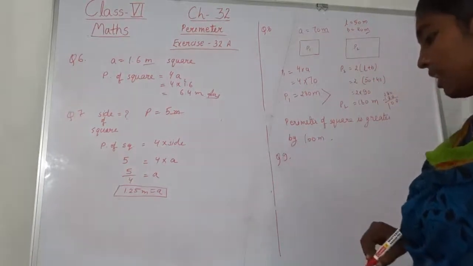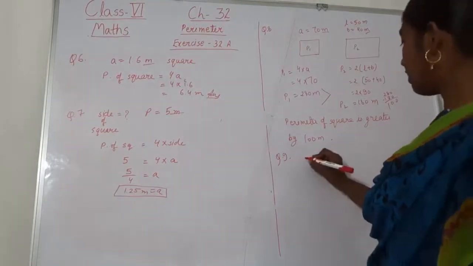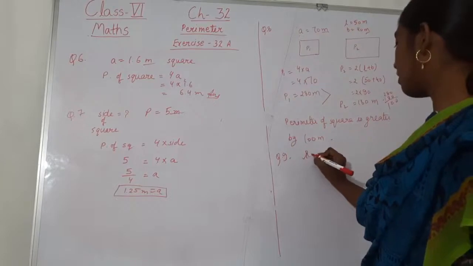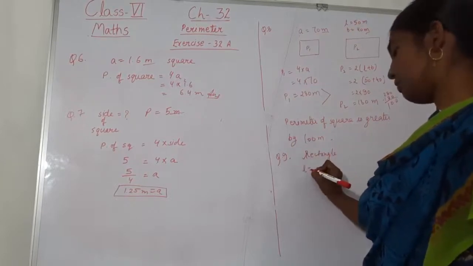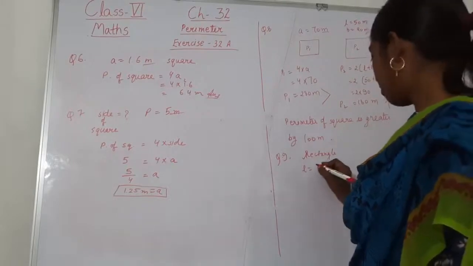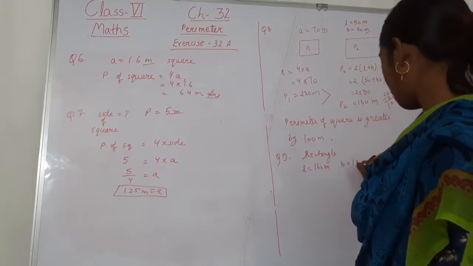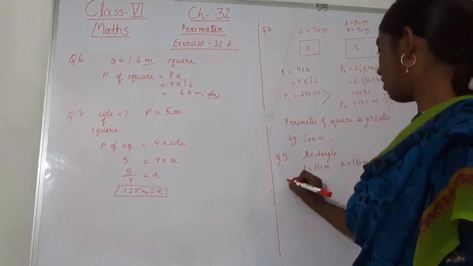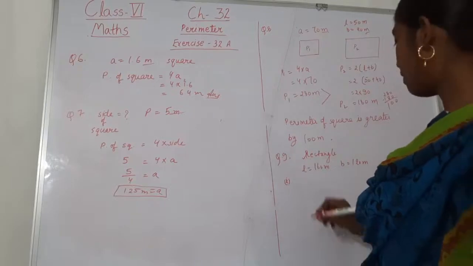Now question number 9. A rectangular field has the length of the rectangle is given. Length is given how much? 160 meter, and breadth is given 120 meter, and different parts are given in this question. Find out the perimeter of the field.